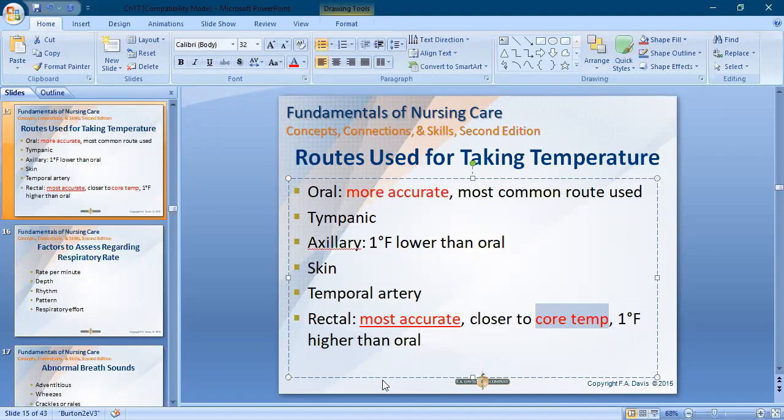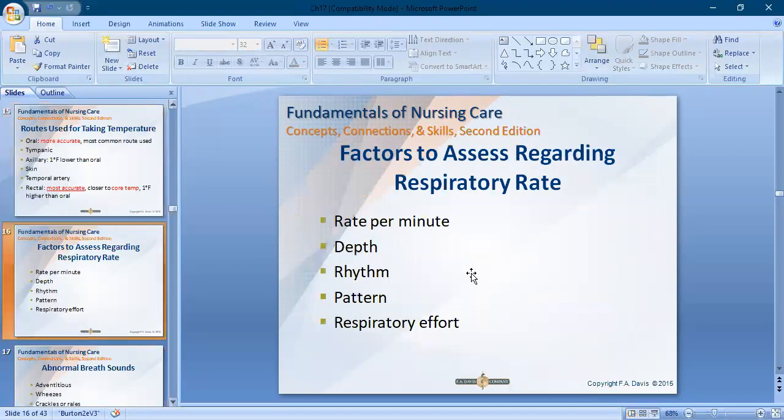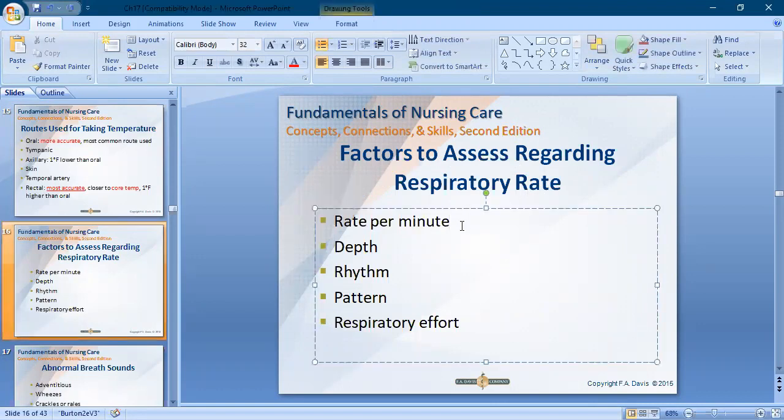Don't neglect, important. And now the factors to assess regarding the respiratory rate. What are the things we have to check? First of all, the rate per minute, like we said last time, 12 to 20 per minute.